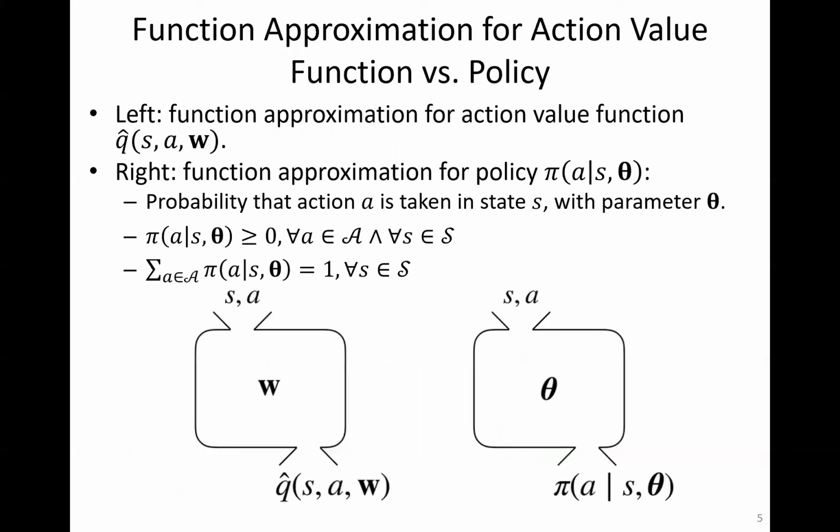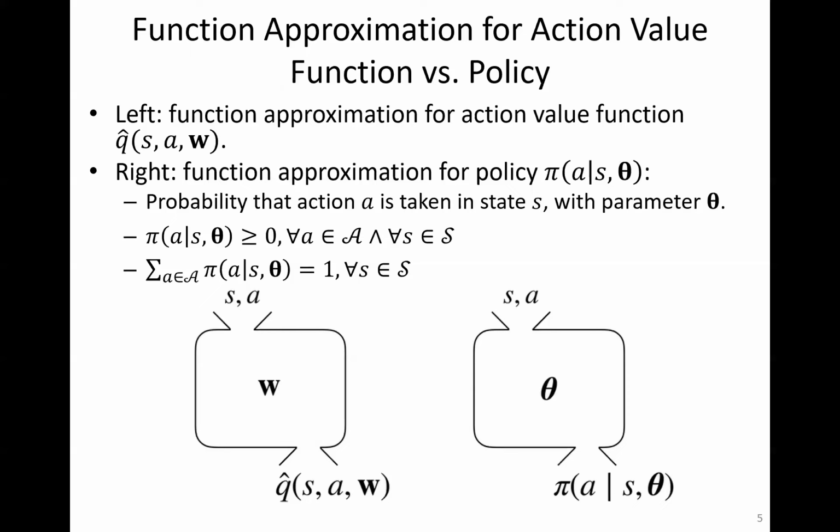So for function approximation, for the value function we typically use the convention of w as the parameters for the Q or V value function. And then we use theta as the convention for the policy function parameters.